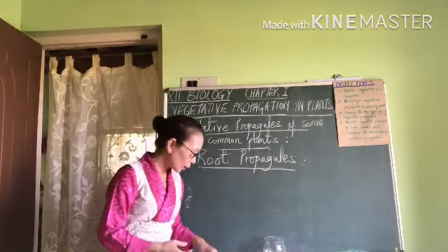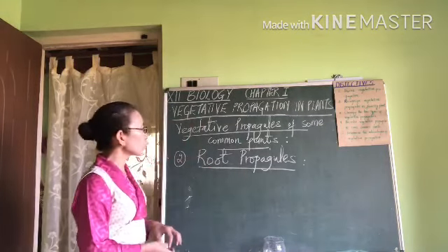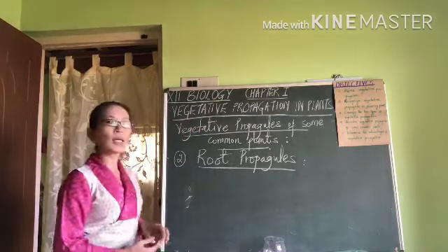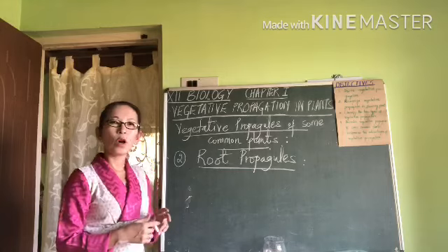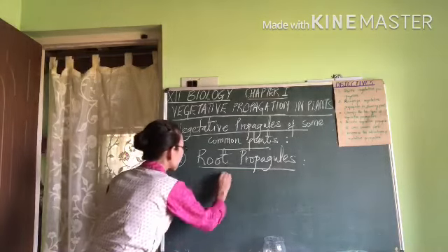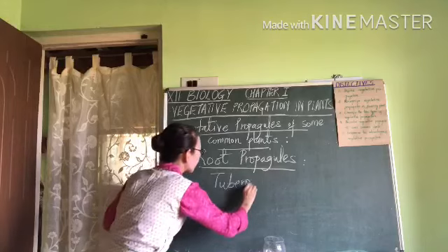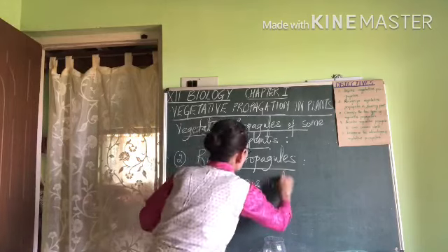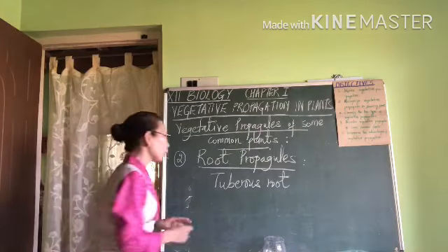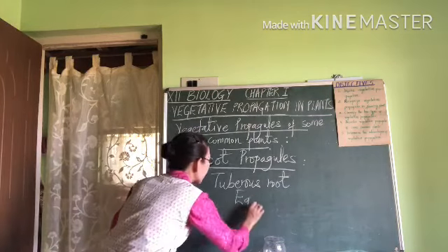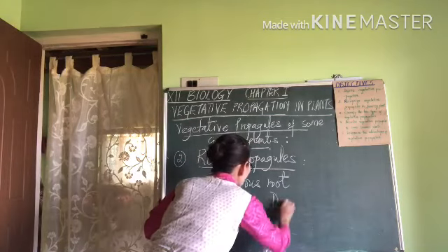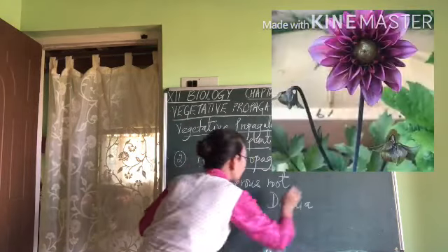So to understand the nature of vegetative propagation which can be done through roots, I would be taking up a common example of a root, which is tuberous root. And these tuberous roots are commonly seen in plants such as, this is a flower, dahlia.